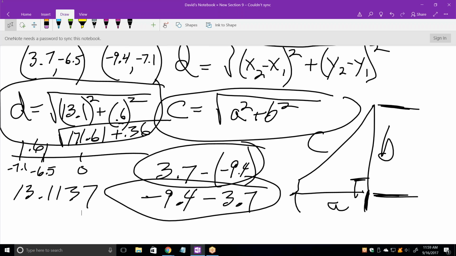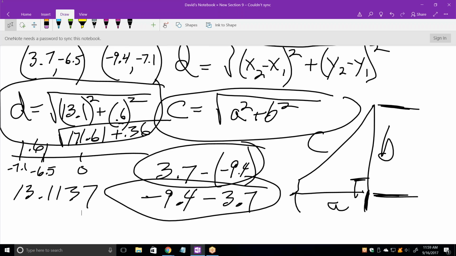I guess I have to enter that 171.97. Oops, sorry. I get 13.1137. And did the instructions say round off to 3 decimals? It says give the exact answer and an approximation to 3 decimal places.